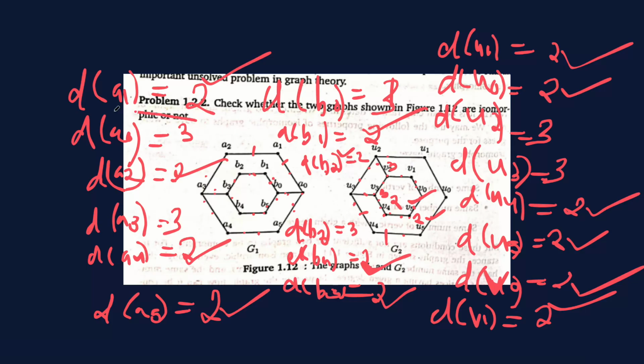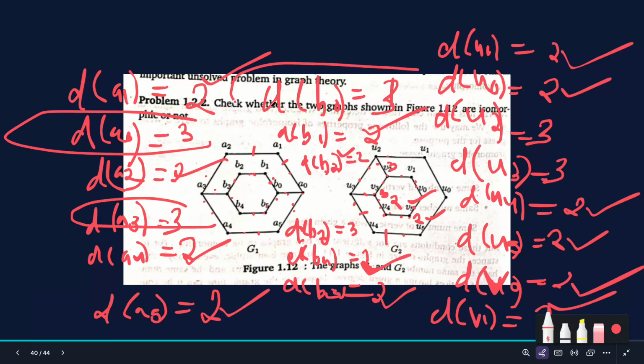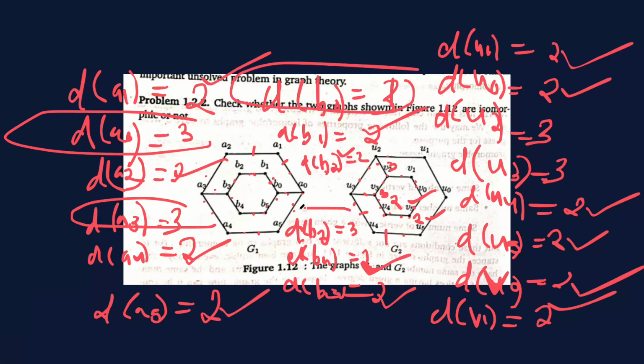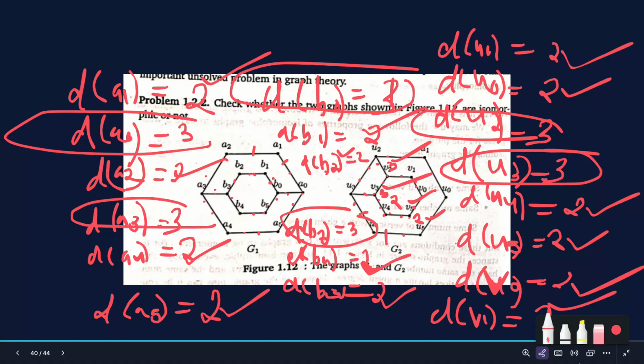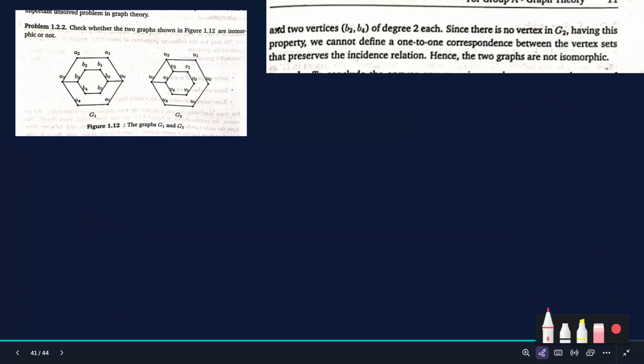Now let's count degree 3. Here it is 4, and here also 4. So the number of vertices with this degree is the same. Now we have to check the condition of adjacency.